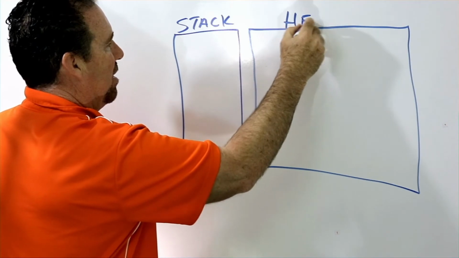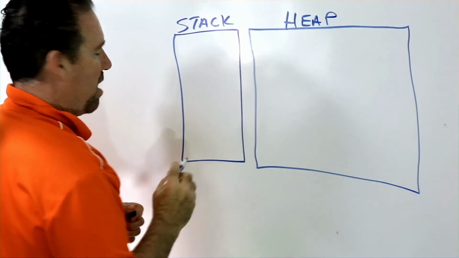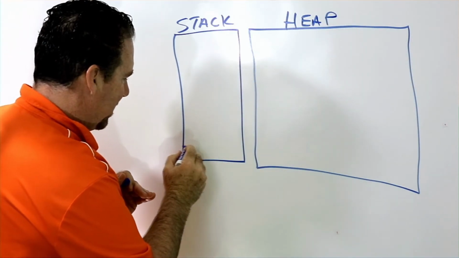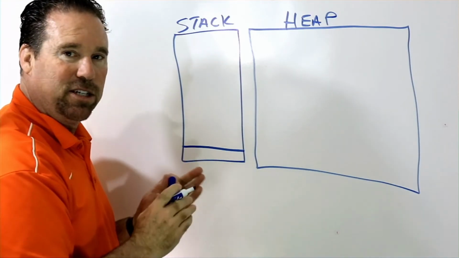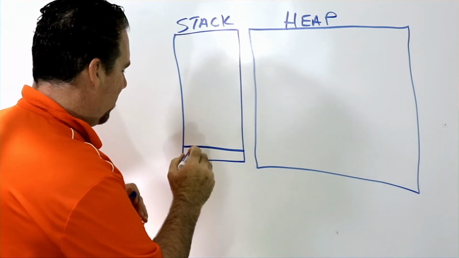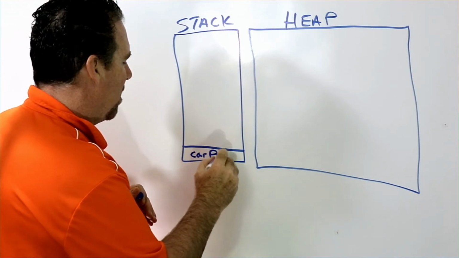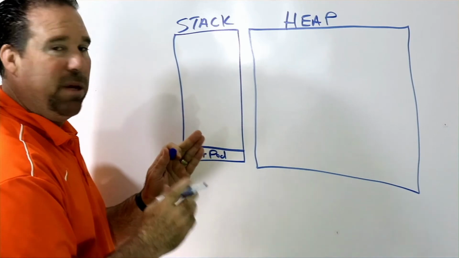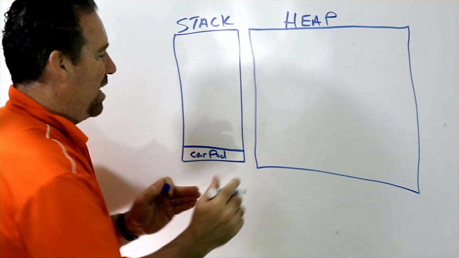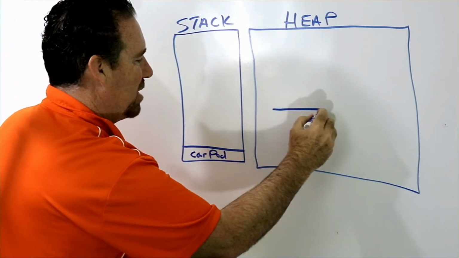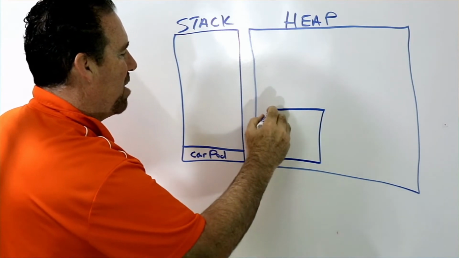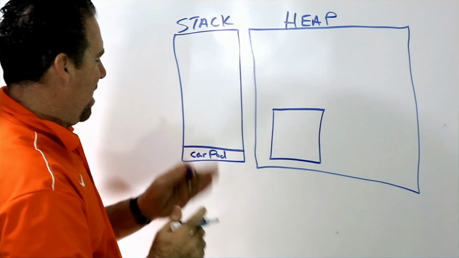Now the first thing that happens is one thing gets declared on the stack, which is going to be carpod. Okay, it immediately instantiates an object on the heap memory, and remember what that has.